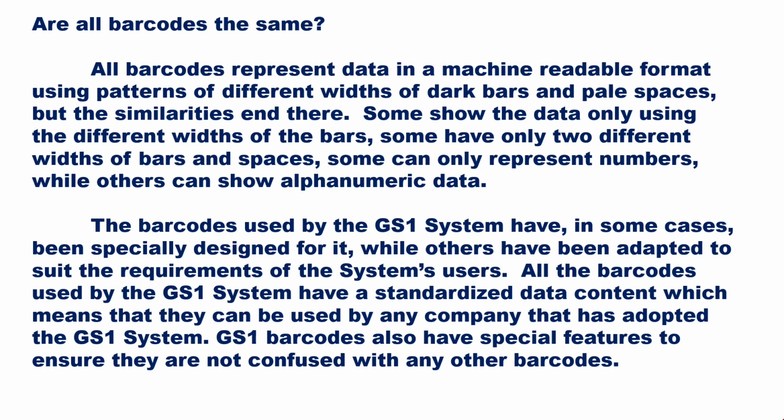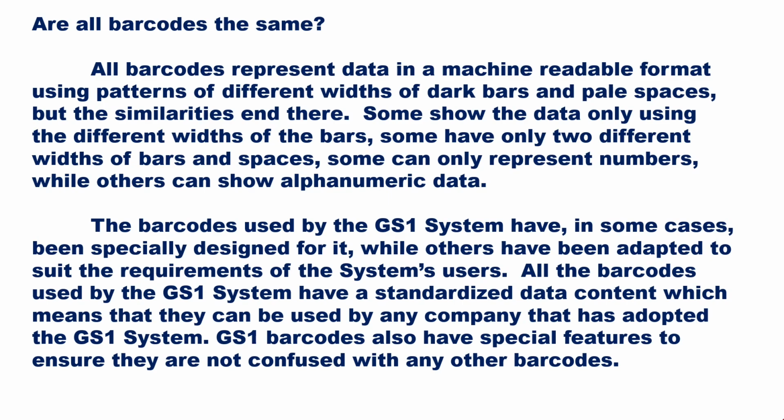All the barcodes used by the GS1 system have a standardized data content, which means that they can be used by any company that has adopted the GS1 system. GS1 barcodes also have special features to ensure they are not confused with any other barcodes.